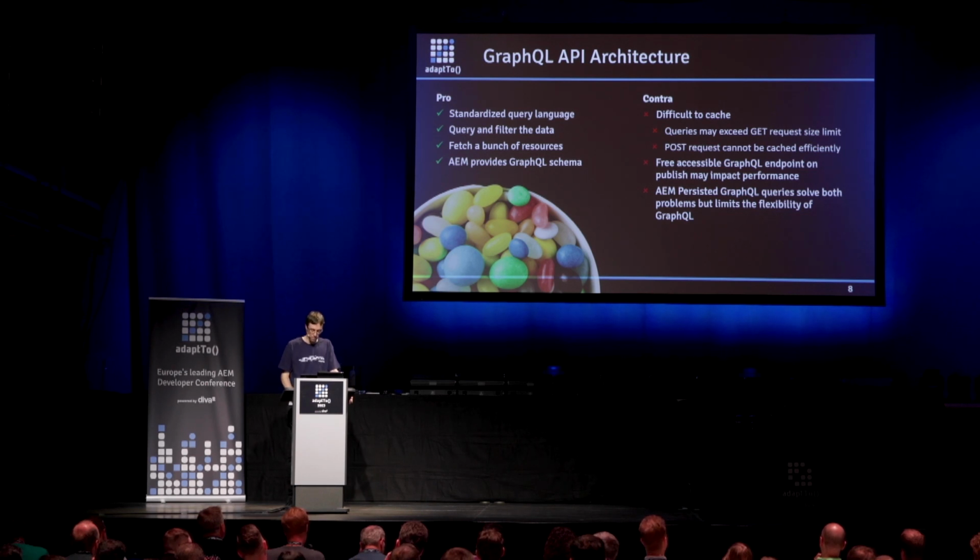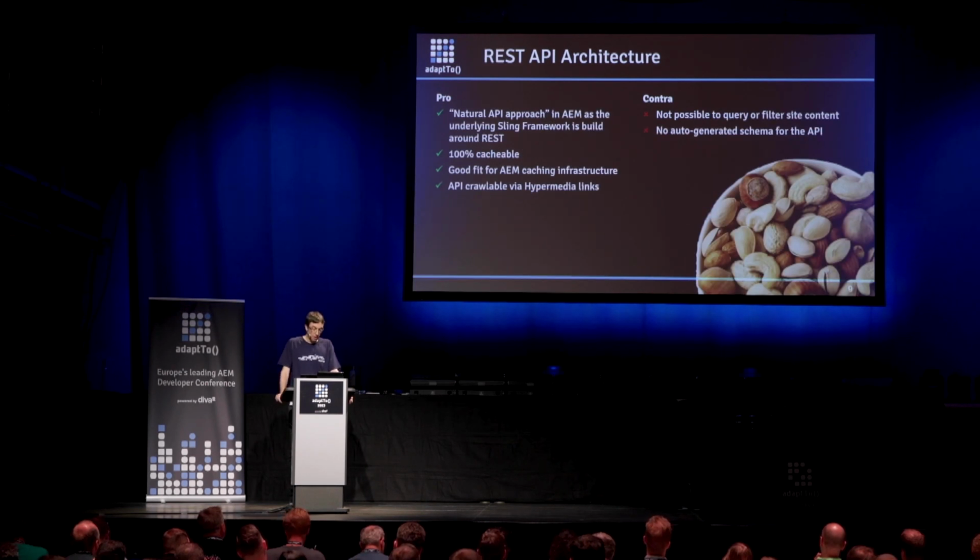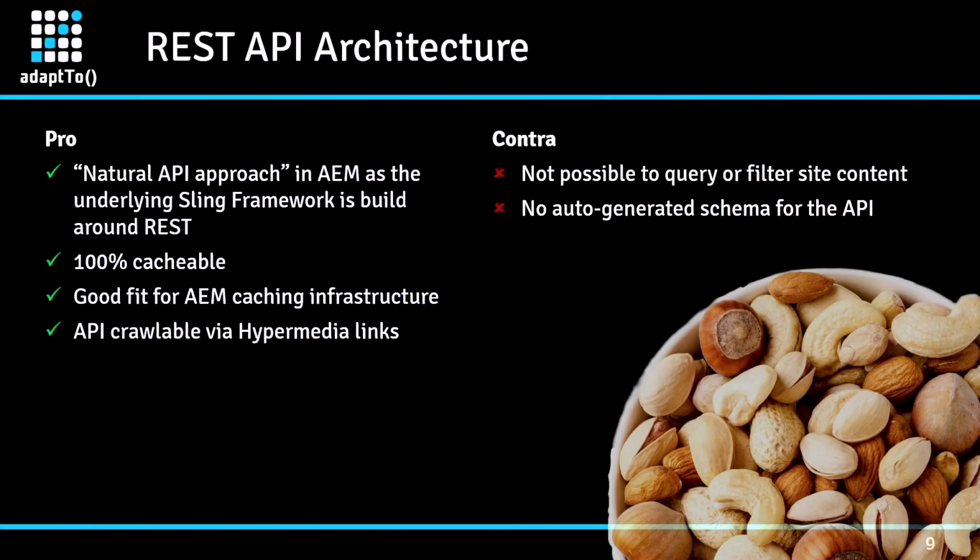marketing-like data, which is, at least in our projects, often used. REST API architecture, I don't have to tell you what REST is. It's just a natural API approach in the context of AEM and Sling, because, of course, those were built around REST. So it's very natural to use this here. It's normally fully cacheable if you do not put in personalized stuff or so. And it's a very good fit with the overall AEM and dispatcher caching infrastructure.